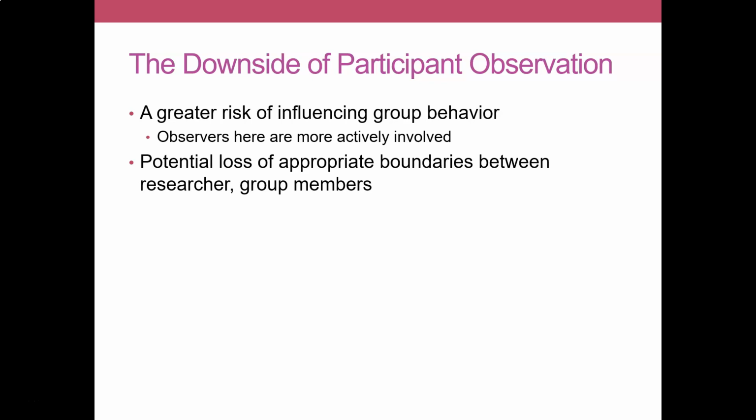And because you're more actively involved, there is a greater likelihood that you, the observer, are changing group members' behaviors in some way. Additionally, because you are joining up with this group, it's possible that you could lose an appropriate sense of boundaries between researcher and group members as well.